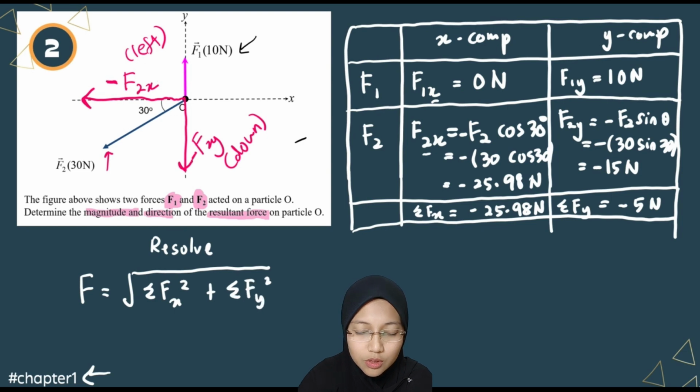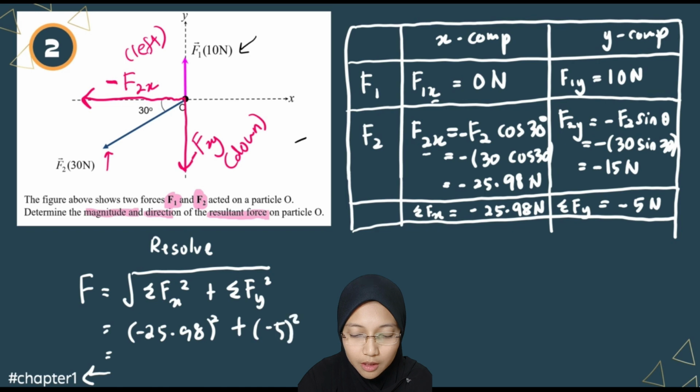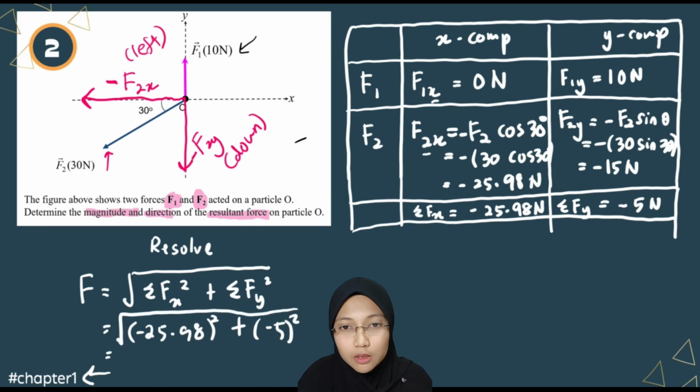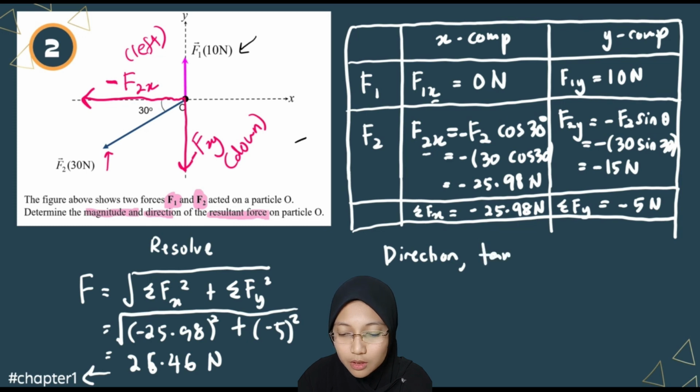Then you substitute the values in: 25.98 squared plus negative 5 squared, square root, and your magnitude of the resultant force is 26.46 Newton.